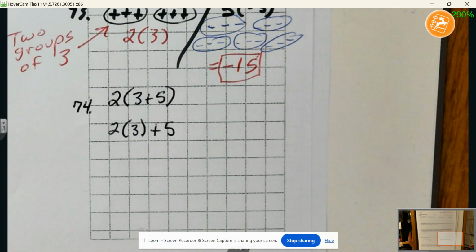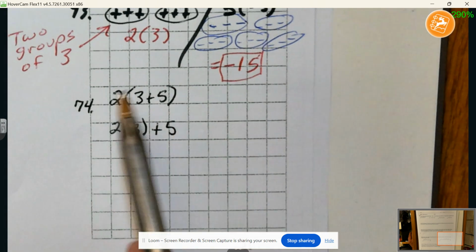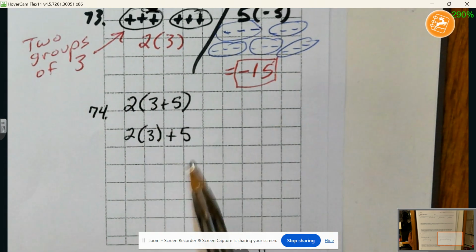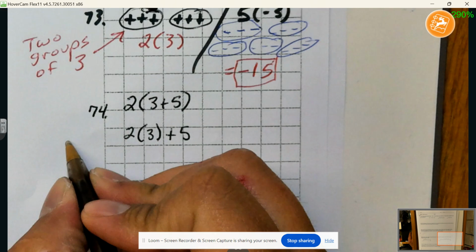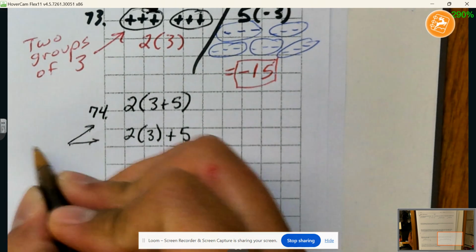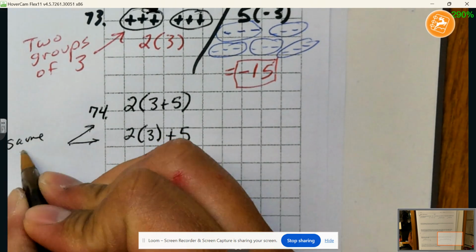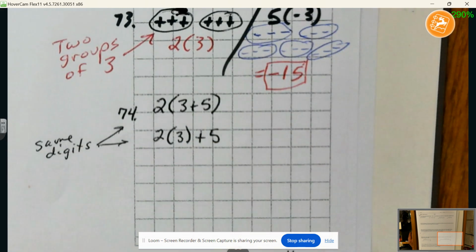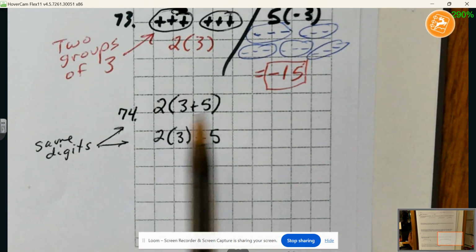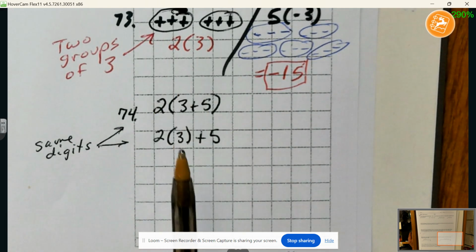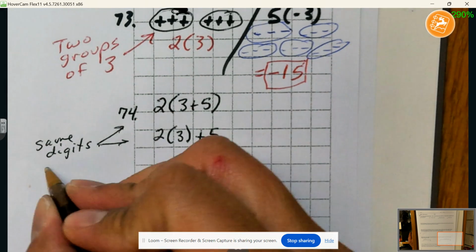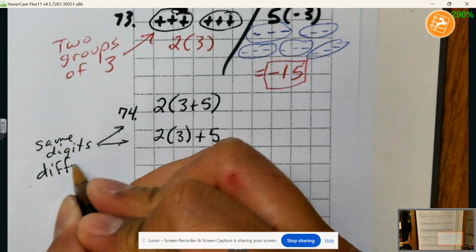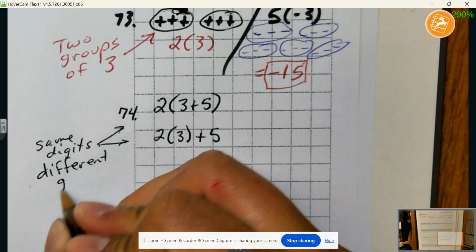Okay, so one of the similarities is these have the same numbers. Okay, it looks like they kind of are using the same digits. So that might be a little bit confusing. But what's different here? What's different is what's in the groups. Okay, so same digits, different groups.